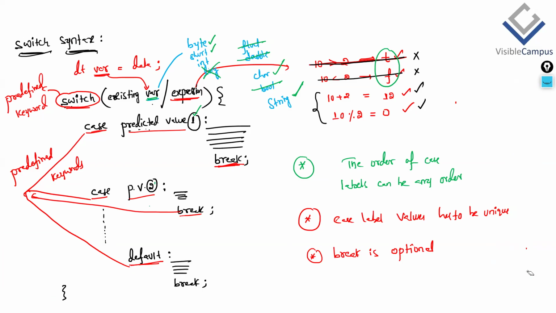In the previous class, to discuss if conditions with a method, I discussed one program of printing day name based on the day number. Now let us do the same thing with the help of switch, and we'll understand how JVM executes the switch condition.